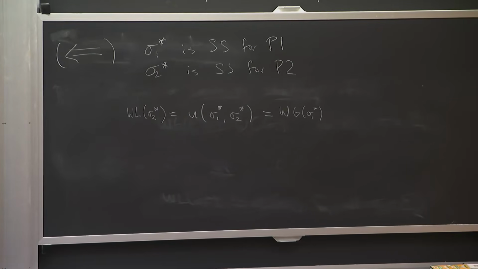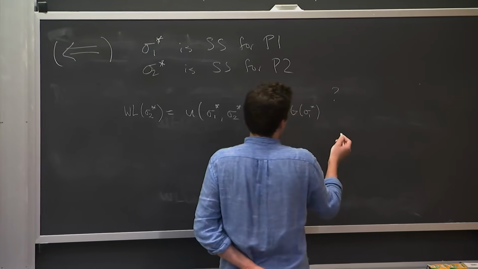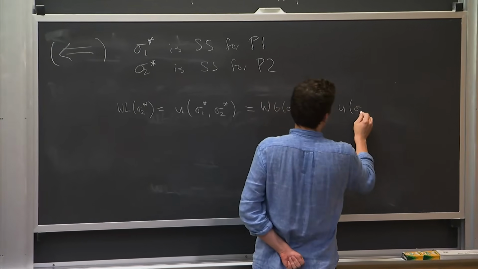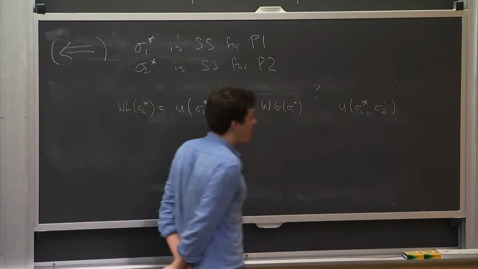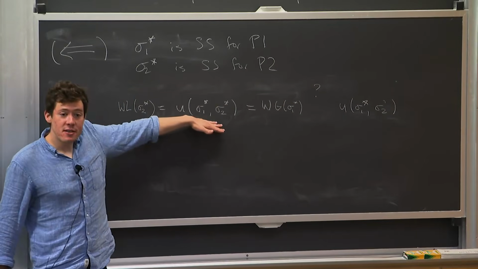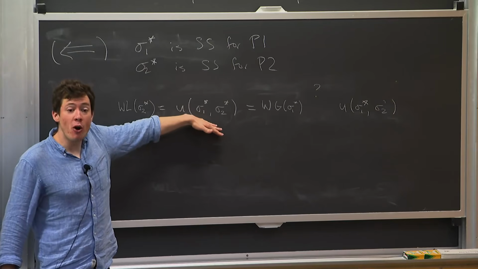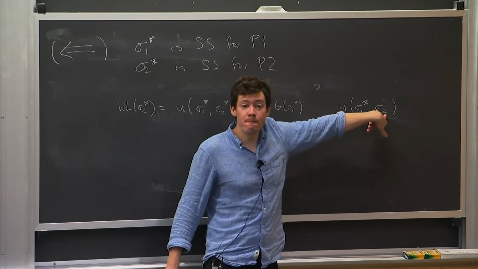Well, let's look at what happens if player 2 were to deviate. Okay? So this is what happens under our strategy profile. Let's suppose that player 2 deviates to some strategy sigma 2 prime.